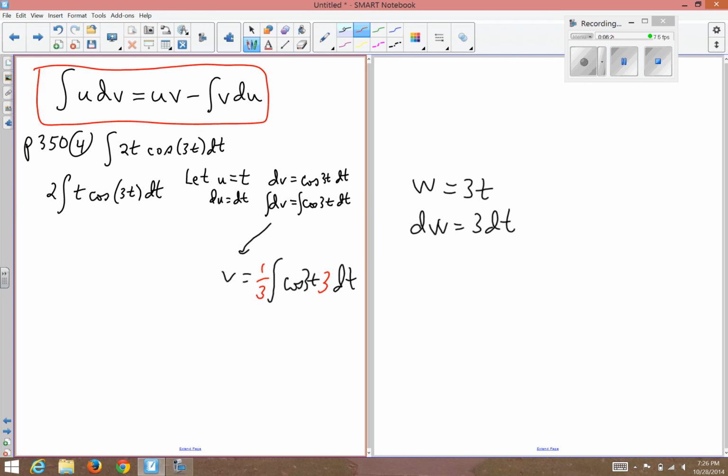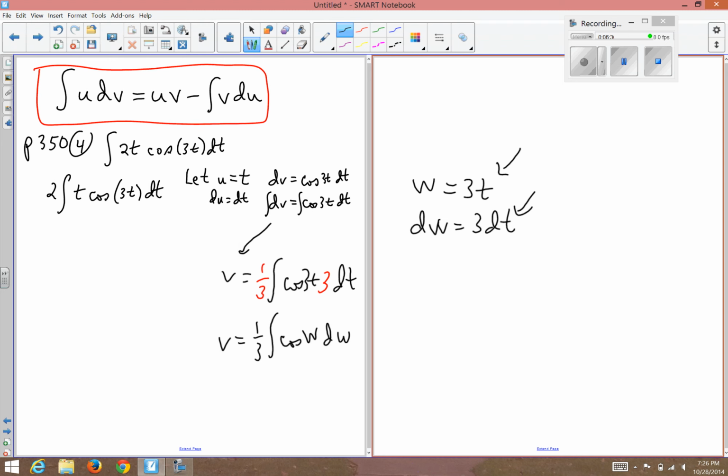Magic. v equals 1/3 the integral of cosine w dw. 3t is w right here, and 3 dt is dw. So v equals 1/3 sine w.